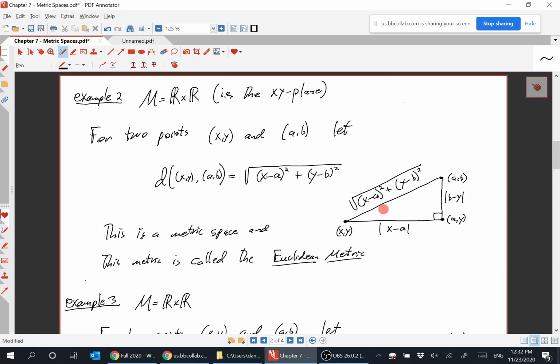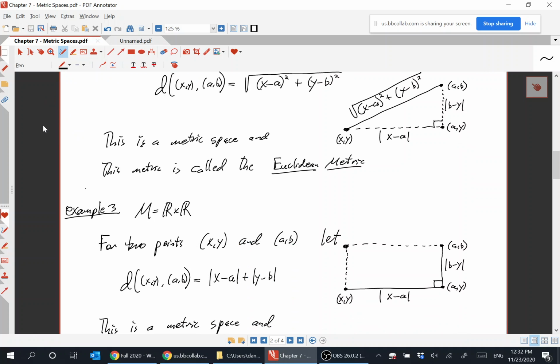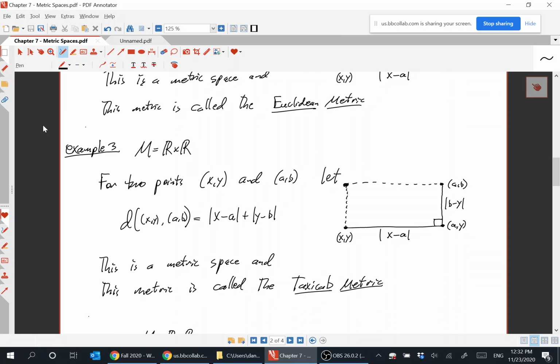The distance between 2 points is just the length of a straight line between them. So that's the standard metric in R cross R, although there are other ways to do it.